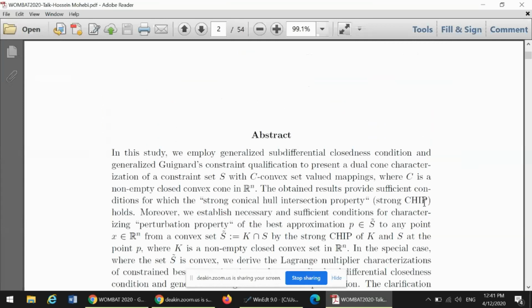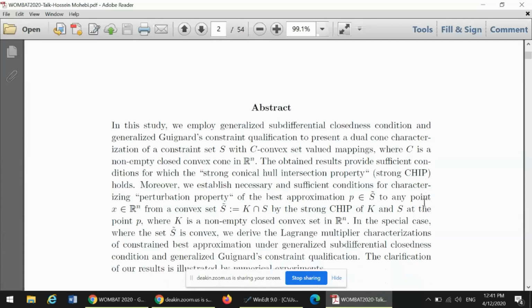And in this work, we characterize perturbation property of the best approximation. Also, we derive Lagrange multiplier characterization of constraint-based approximation under generalized inertial constraint qualification.